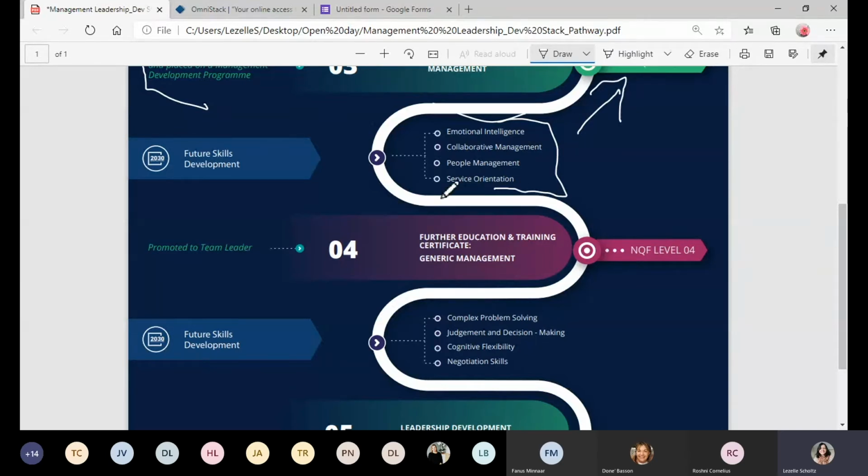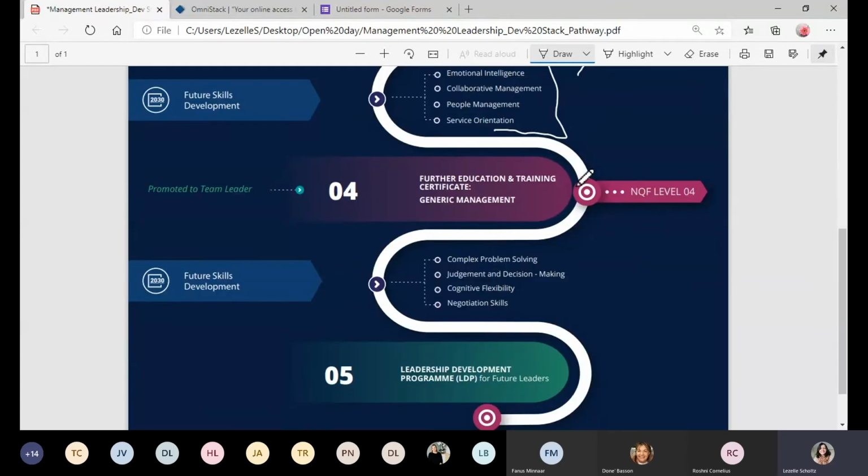So this individual now is on our management development program, and we now realize that, you know what, we are actually going to promote this person to a team leader. We need to equip them, we need to develop them further, and so we're going to take them on another journey in achieving a further qualification on NQF level 4.